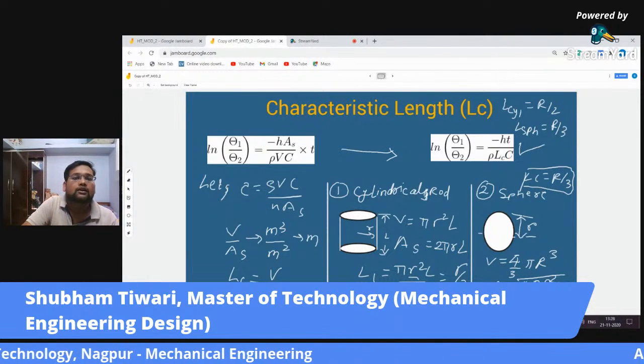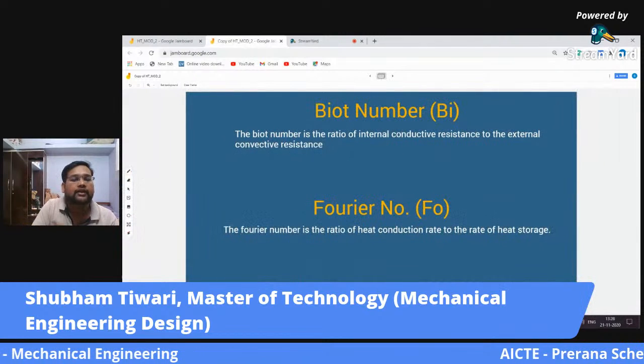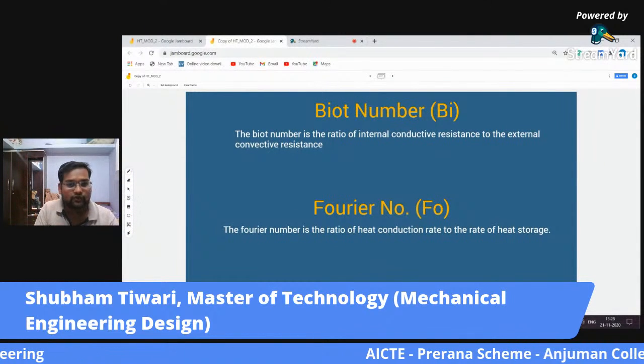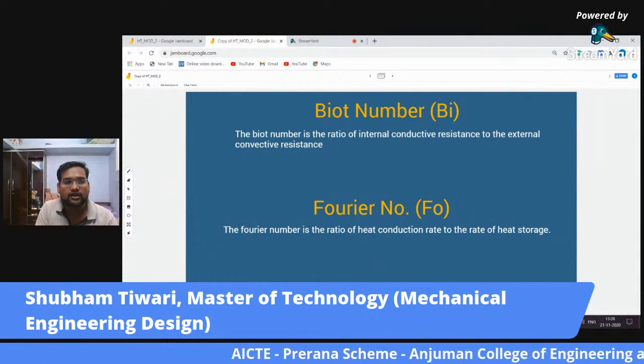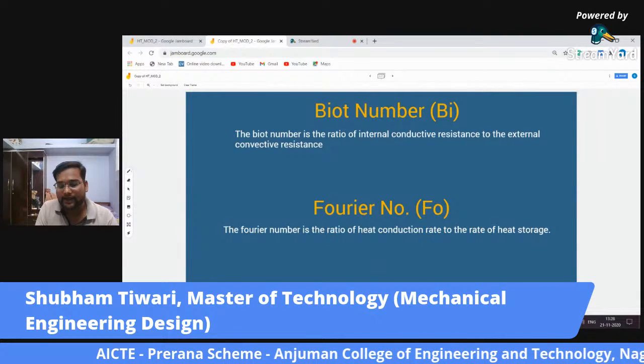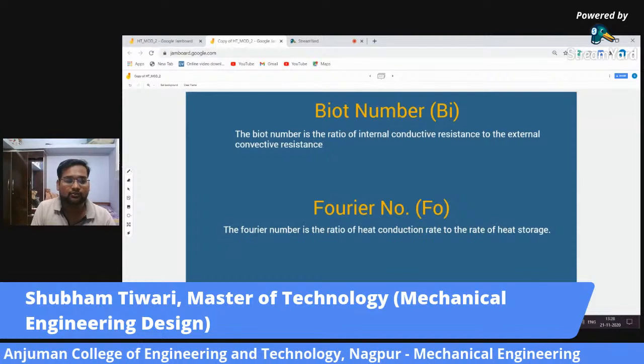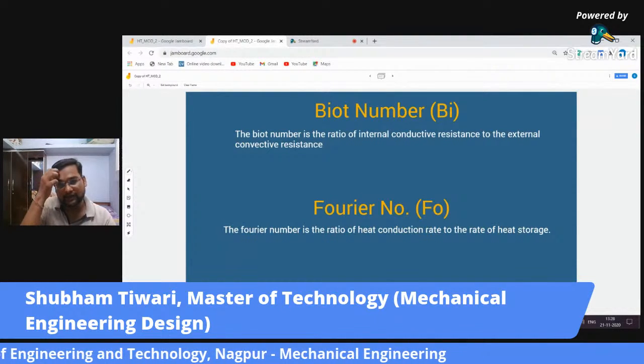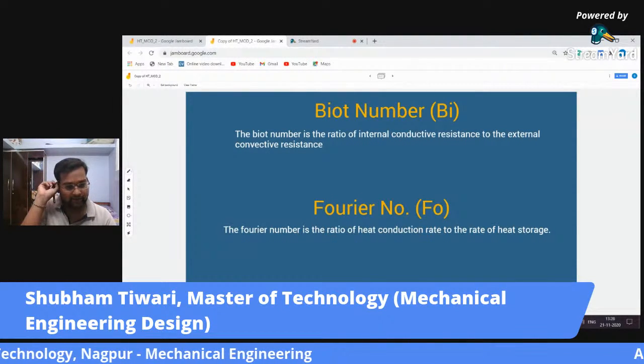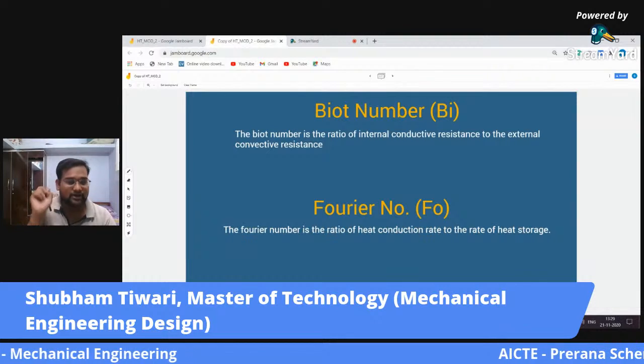So now the next thing here, we have the Biot number and Fourier number. These are dimensionless numbers. You may have already seen in fluid mechanics, like Reynolds number, Grashof number, etc. Similarly, we have Biot number and Fourier number in case of lumped heat analysis.